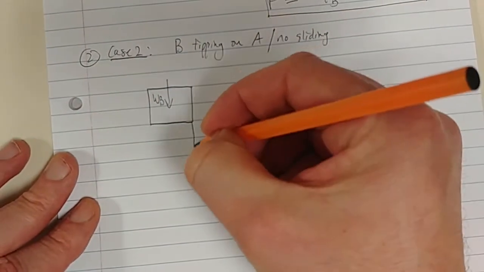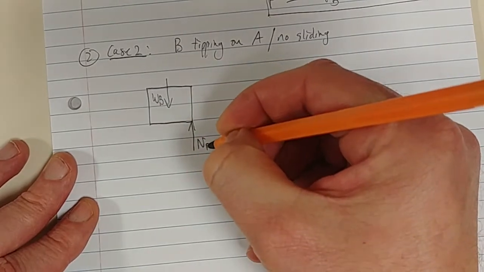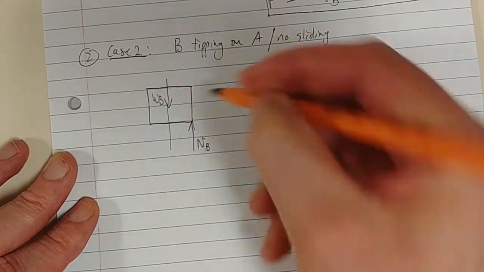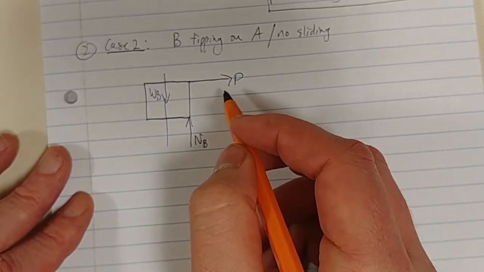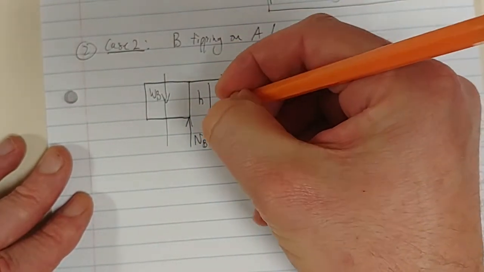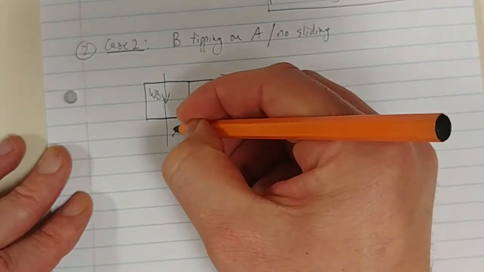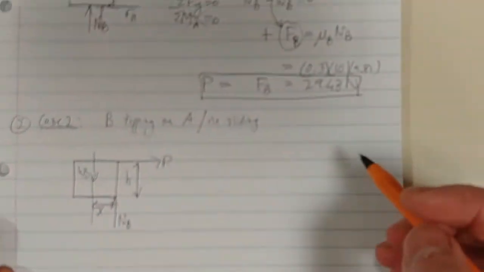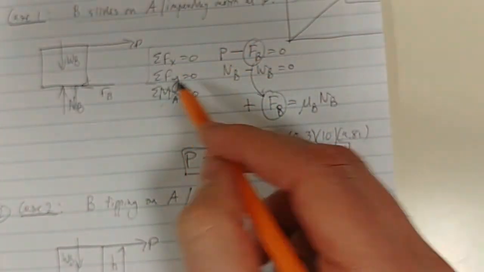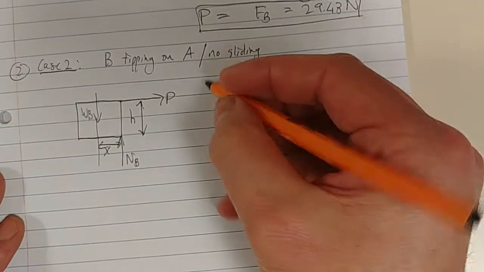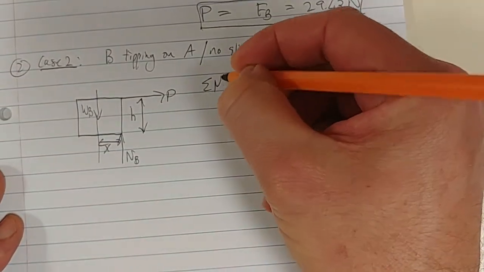And what is the assumption when we have tipping? Well, that normal force moves all the way to the corner because it is trying to counteract the applied moment due to P. So we've got this H, we've got X here. So when we're considering tipping, we don't have to be concerned about the sum of the force in the X, sum of the force in the Y. We go straight to our moments.